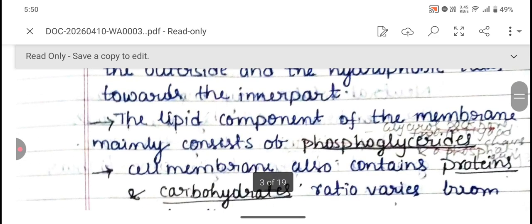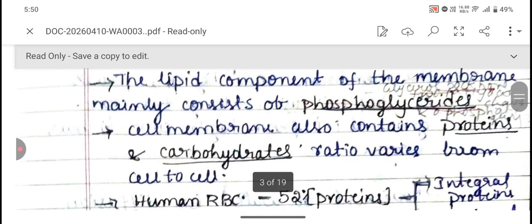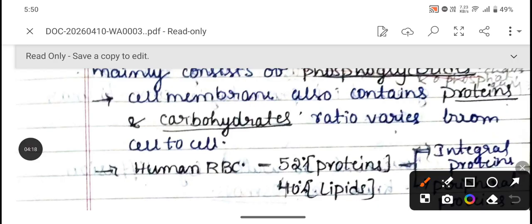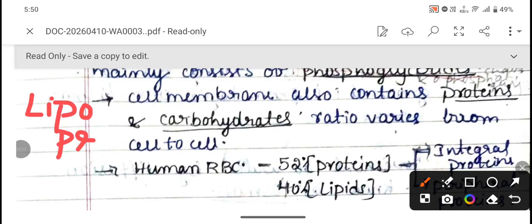The lipid component of the membrane mainly consists of phosphoglycerides. Along with lipids, the cell membrane also contains proteins and carbohydrates, whose ratio varies from cell to cell. Due to the presence of proteins and lipids in the cell membrane, it is known as a lipoproteinaceous layer.